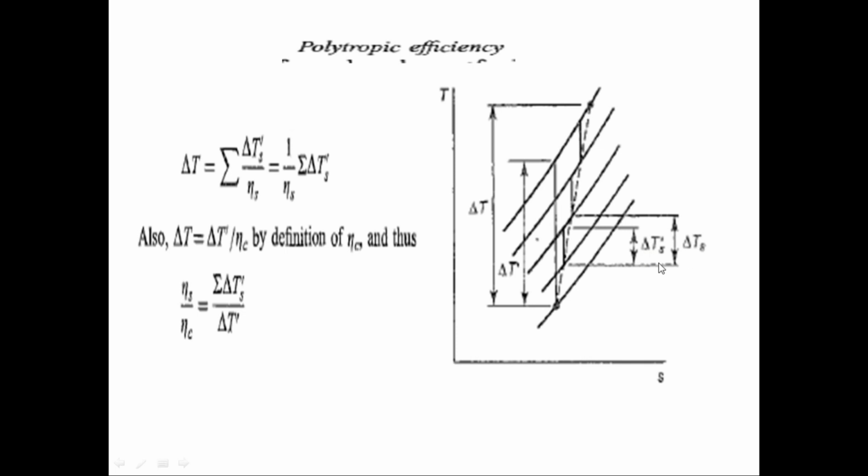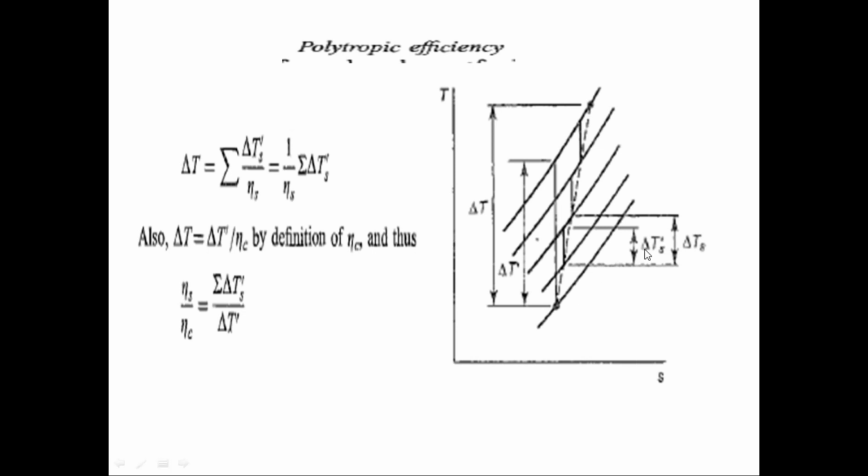So as far as the TS diagram plotted here, it is very important that you understand the delta T terms which are written here. First of all, this S subscript is going to represent the stage, and this dash is going to represent the isentropic.